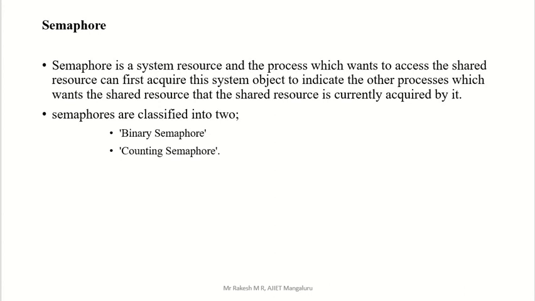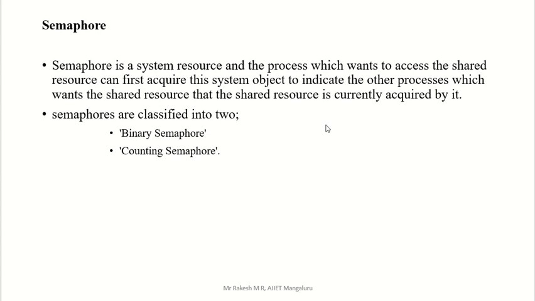Now let us see what we mean by semaphores. A semaphore is a system resource, and a process which wants to access the shared resource first acquires the system object to indicate to the other process which wants the shared resource that it is currently acquired. So we have two processes, P1 and P2.